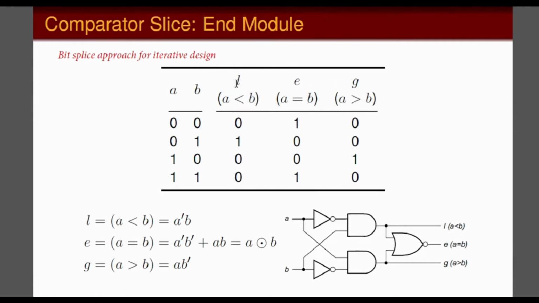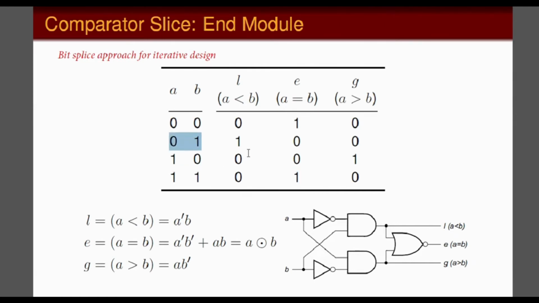But in terms of implementation, you can skip either less or greater, because equal is obvious, greater is obvious. If the function here is 0, 0, obviously it is equal. If A and B is 0, 0, the equal function is active.